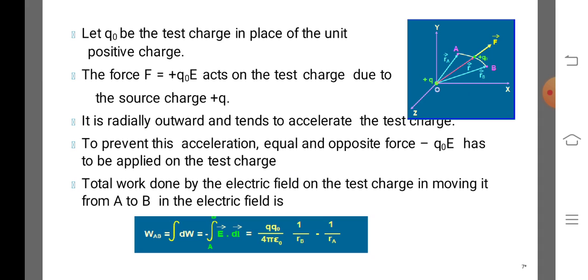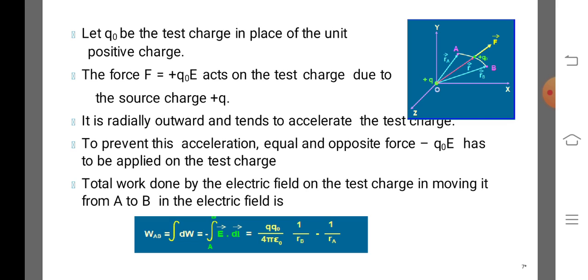It is radially outward and it tends to accelerate the test charge. This sign indicates the force is against the electric field between one point and another point. To prevent this acceleration, an equal and opposite force, minus Q naught E, has to be applied on the test charge.